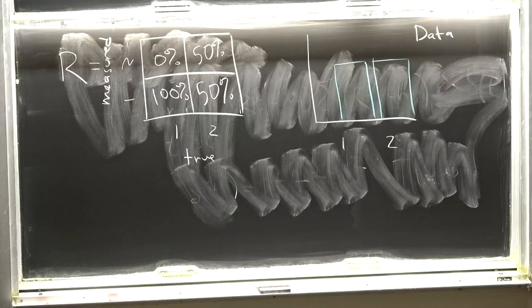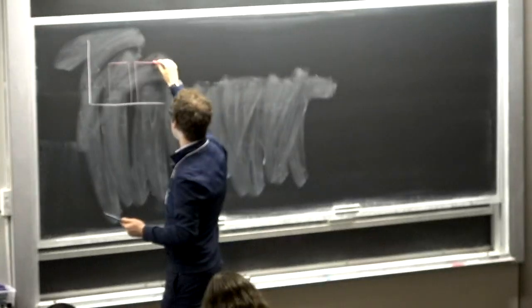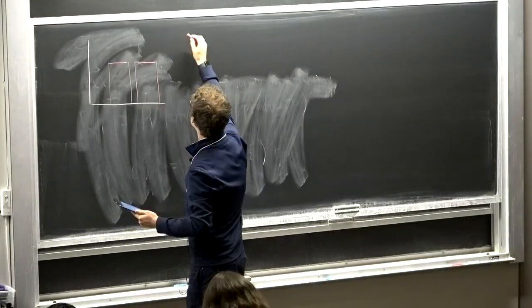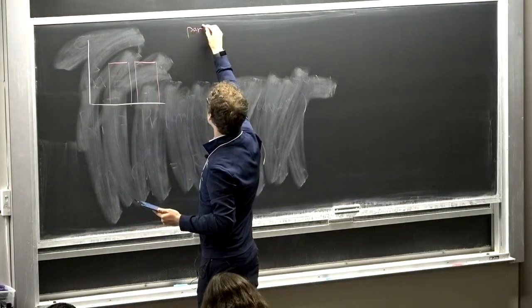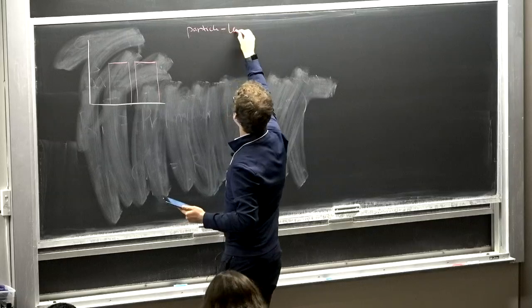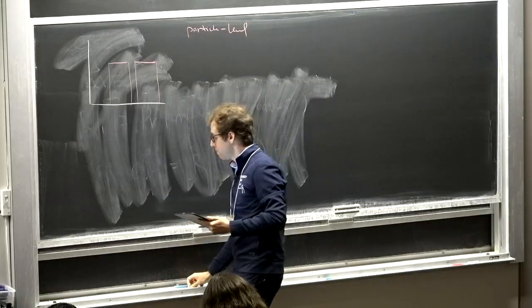Now, in principle, it shouldn't matter what I start with, the starting simulation. But just for fun, let's say that my starting simulation is 50-50 at particle level. So like this. And I'm going to say red is particle level, and blue is going to be detector level.